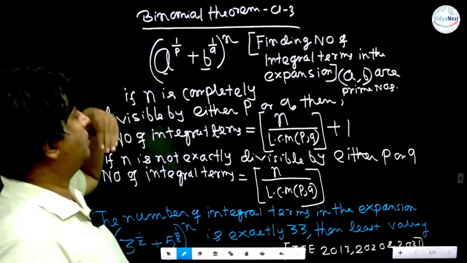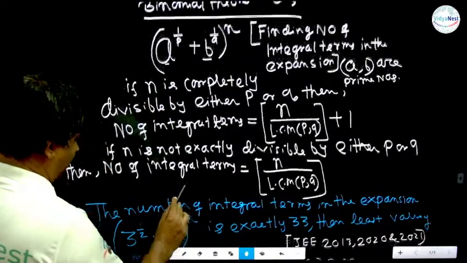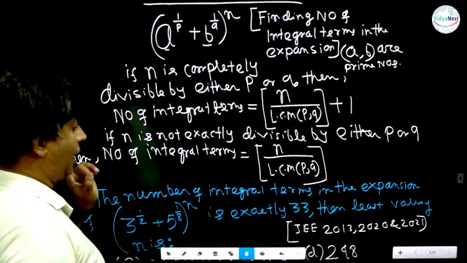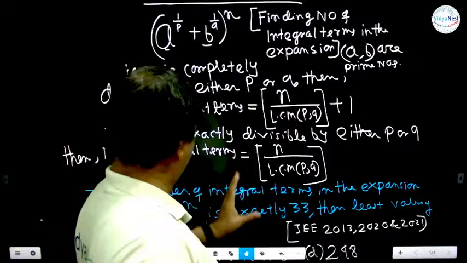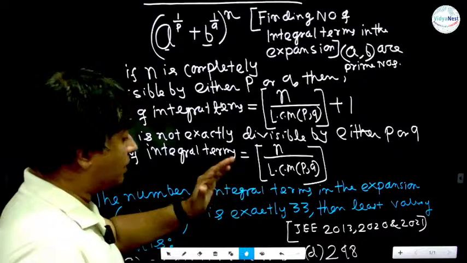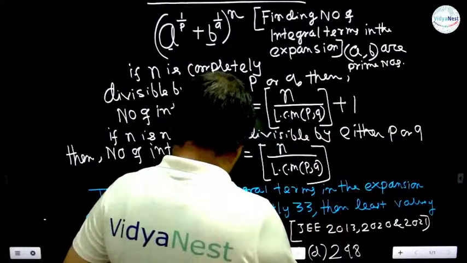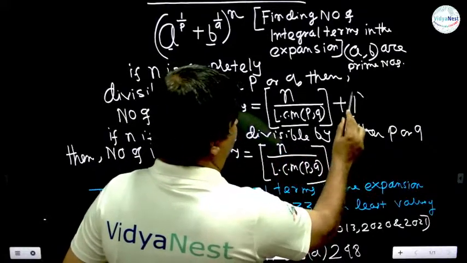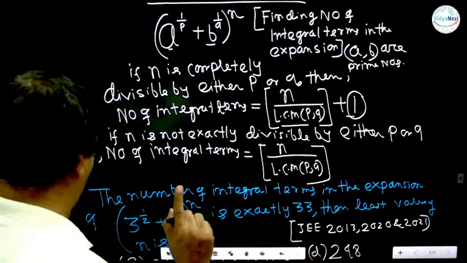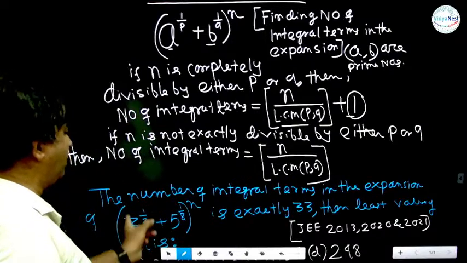Here 3 and 5 are prime numbers. The number of integral terms is exactly 33, means this thing plus 1 will be 33. So I will consider that n will be divisible either by 2 or by 8.